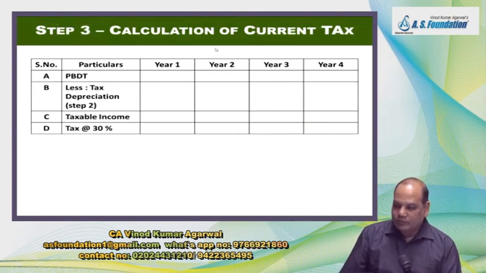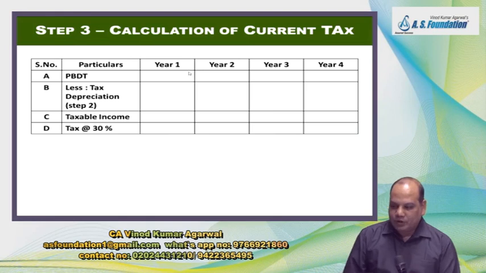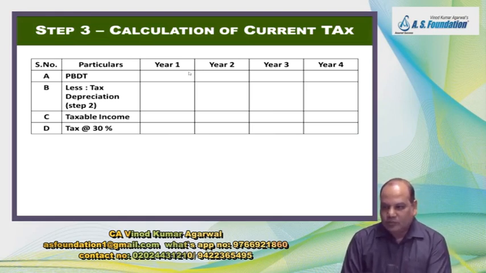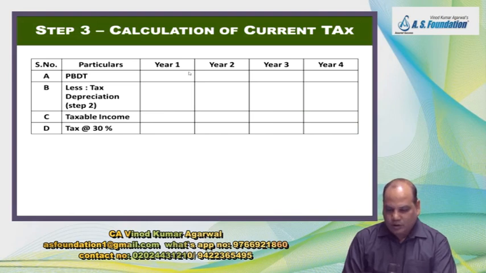Now write down step 3, current tax. Under current tax, on the right hand side draw 4 columns: year 1, year 2, year 3, year 4. Write A, PBDT.